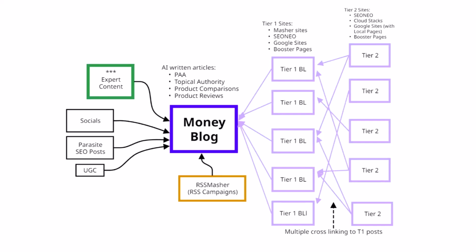So these local pages that we can build with RSS feed expert content, and we merge it in with your own post links or your own money links into a table or an HTML page that could be added to the bottom of any of these tier ones.